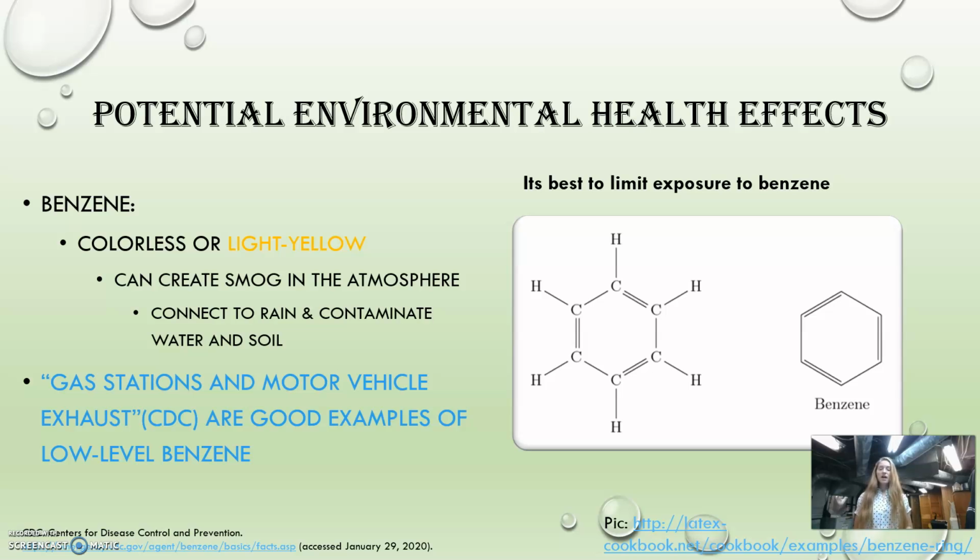It can create smog in the atmosphere, connect to rain, and contaminate water and soil. So it is very important that we don't put benzene out into the air because it could possibly hurt crops. Off to the side, the picture is exactly what benzene looks like, and that is its structure.